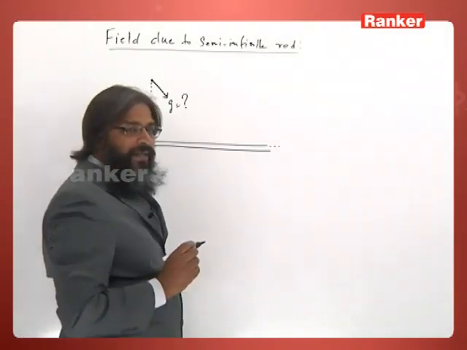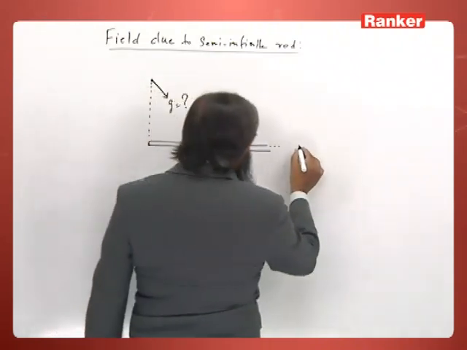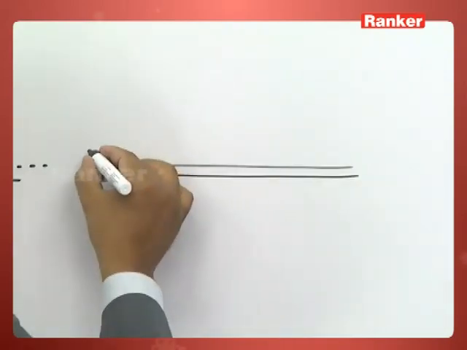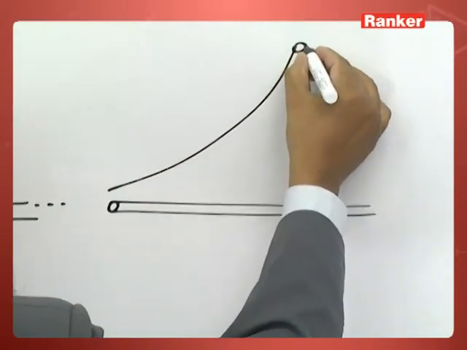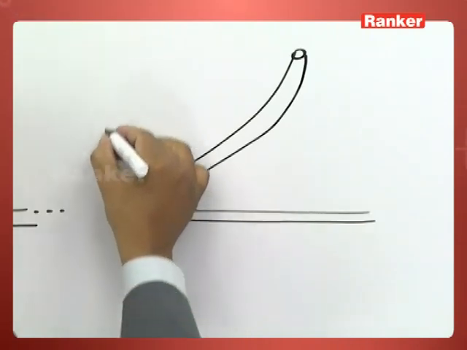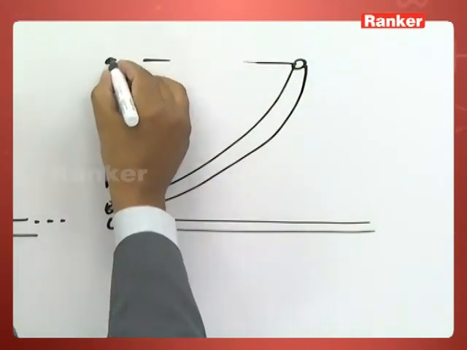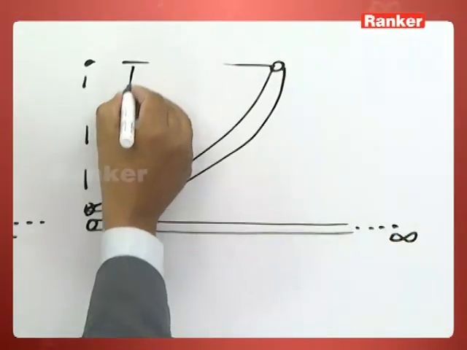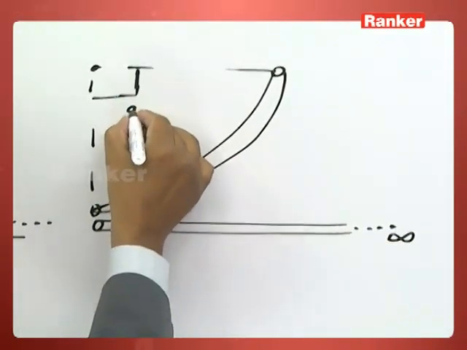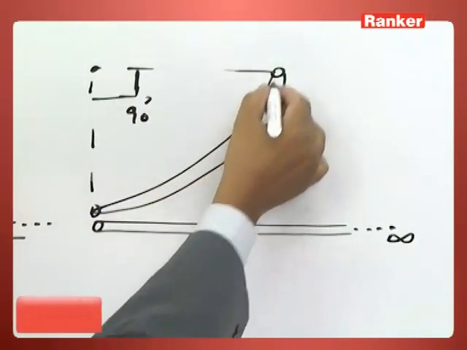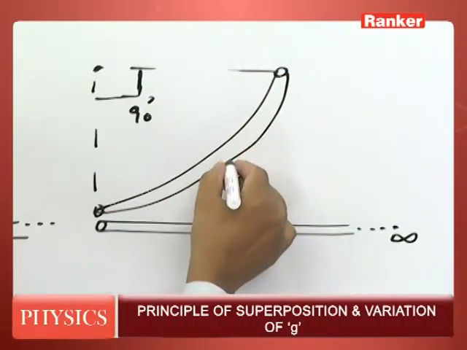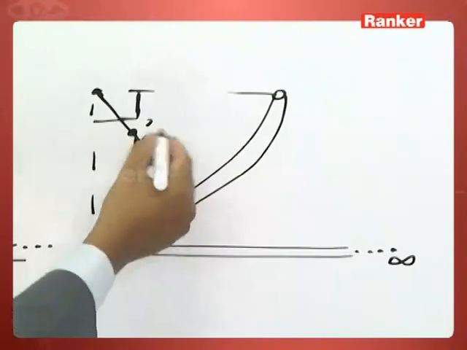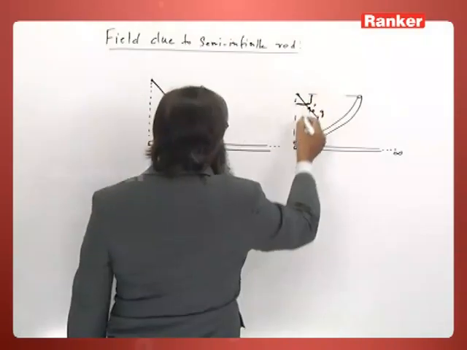So we will use our previous lemma, the result that if this infinite rod and this arc subtend the same angle at their center, then they are equivalent. This is extending to infinity, so I can assume that this is equivalent to a right angle arc. Suppose this angle is 90 degrees.